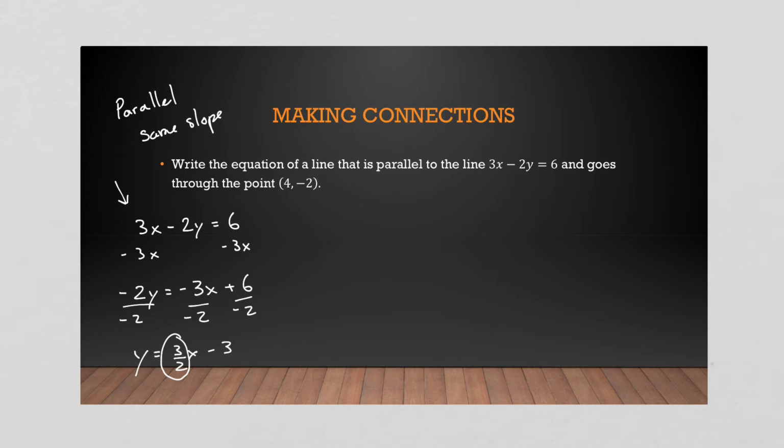Because now what do we have, right? We know that we have a line with a slope of 3 over 2 and a point of 4 comma -2. And you can use either one. Let's use slope-intercept form here. So y equals 3 over 2x plus b. So what we need to do is we need to solve for b. So y is -2 in this case because I'm using this point, right?